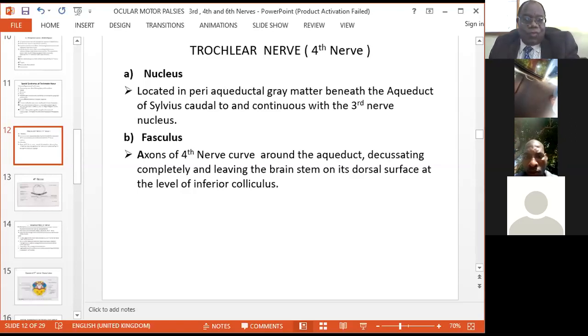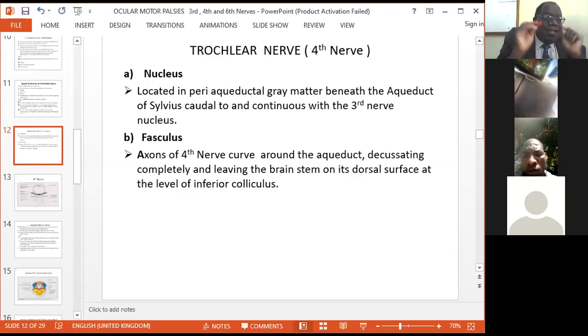So axons from the fourth nerve curve round the aqueduct, decussating completely and leaving the brainstem on the dorsal surface at the level of the inferior colliculus. It's important to appreciate this arrangement of the anatomy. For example, if the lesion is on the left side, the peripheral nerve which will come out, because of this crossing over, will be on the opposite side.